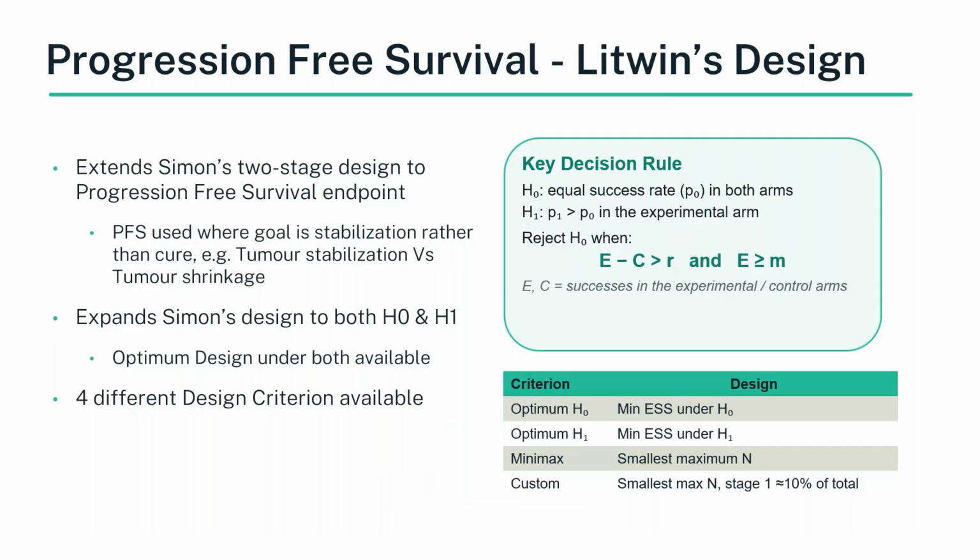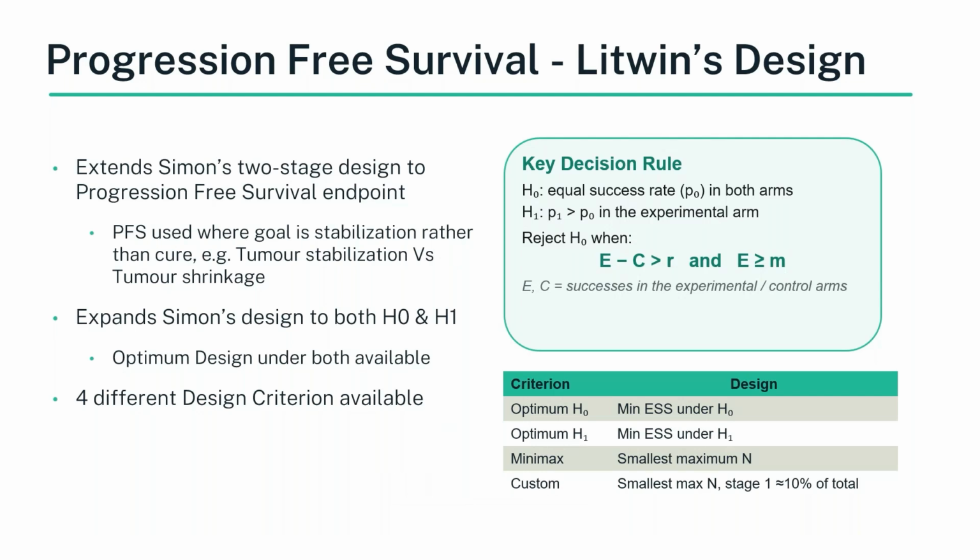So the design itself is as follows. Similar to Simon's design, there's a first stage sample size of N1, and that amount of patients are recruited initially and then followed until each has been evaluated at the early time point, let's call it T1.